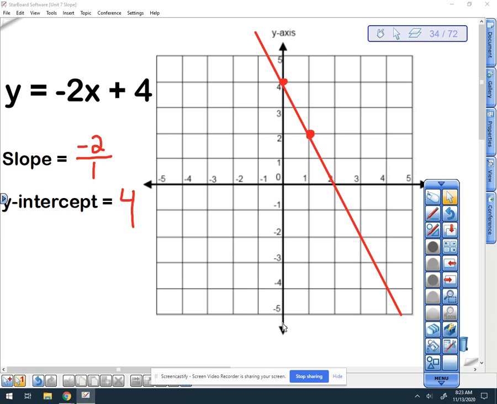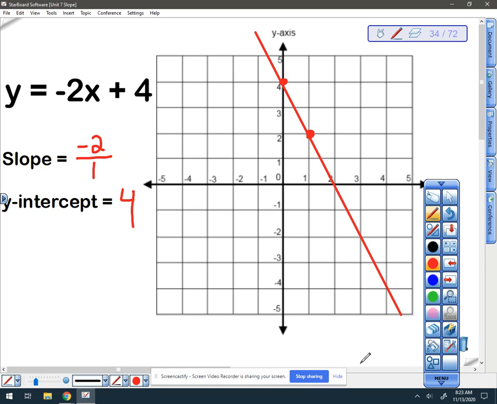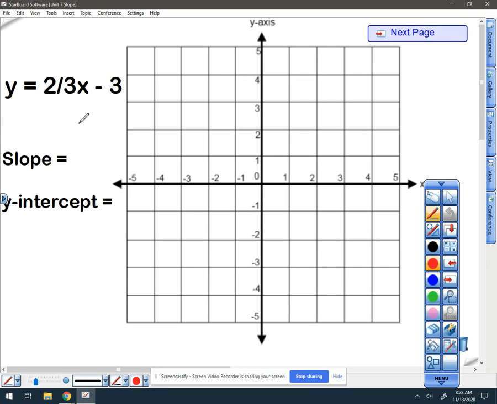Some people turned in their assignment last week, the ones that did the wrong page on the amusement park, and some of them graphed the lines and put their points in the right spot, but it's kind of hard to tell where your line's going if it's not a straight line. So make sure if you're doing it on paper, draw a straight line. And if you are doing it on the computer, use something to make the straight line, just like I did. All right, let's look at the next one.